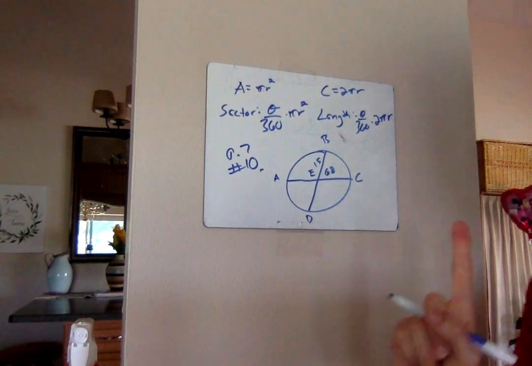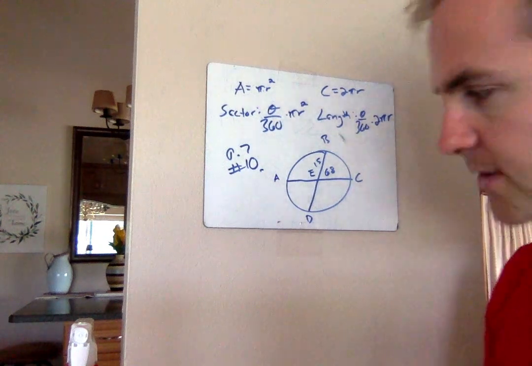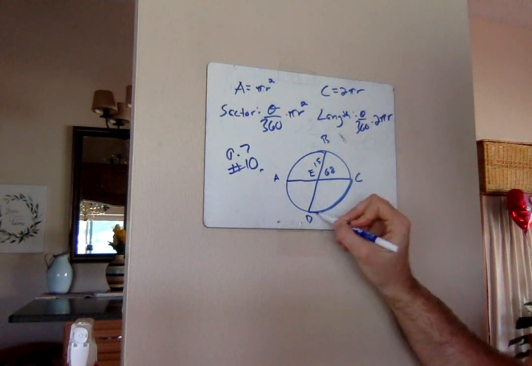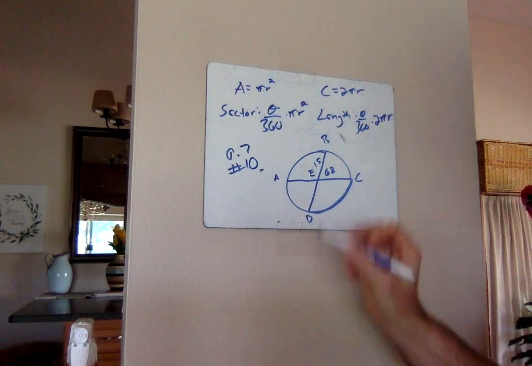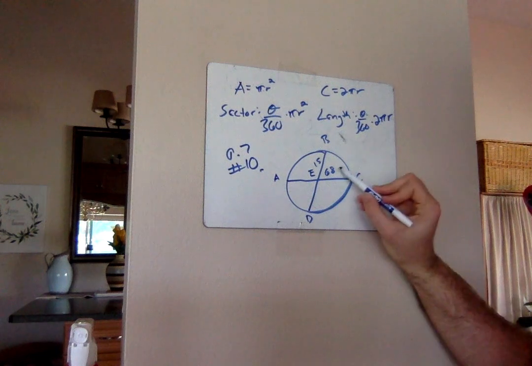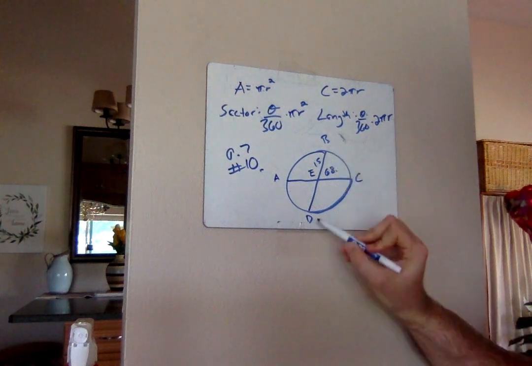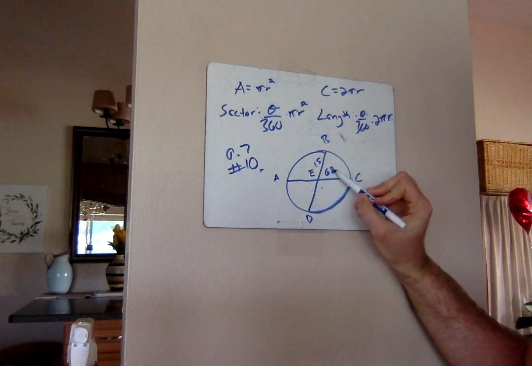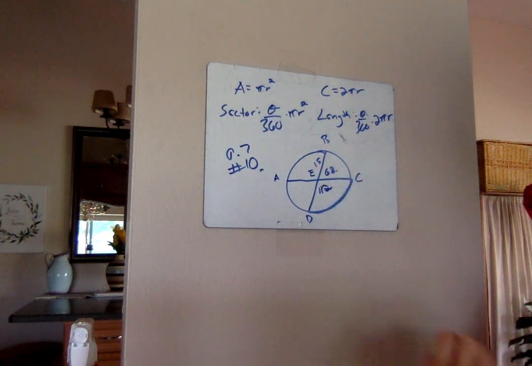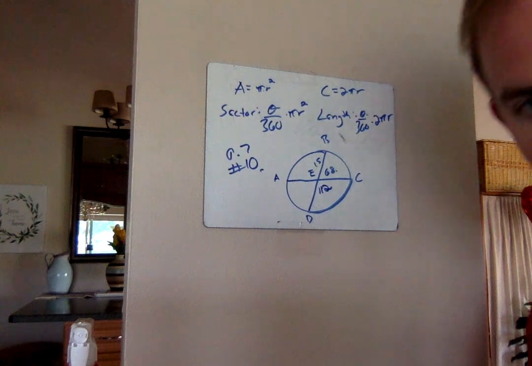Now, they asked me to find the length of arc CD, so they want me to find how long this thing actually is. Before I can do that, though, I need to know the angle right here that I'm going to use. If this is 68, this is a linear pair, and this is the angle I want, what plus 68 equals 180? Well, 112 degrees.